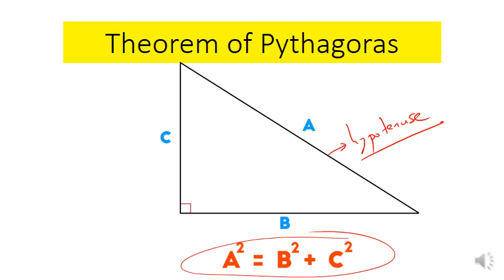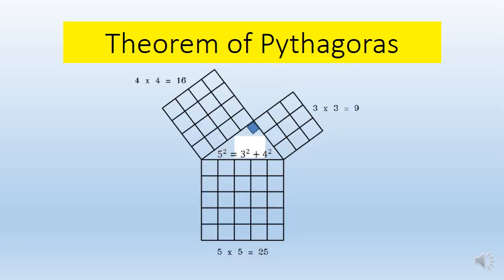And the hypotenuse is always opposite to the 90-degree angle in that triangle. And what Pythagoras was able to show many, many years ago is that the square on the hypotenuse is equal to the sum of the squares of the other two sides. So if you're given the lengths C and B, if you square each of them and take the sum, you will get the hypotenuse, or the longest side, squared. This is what it means.